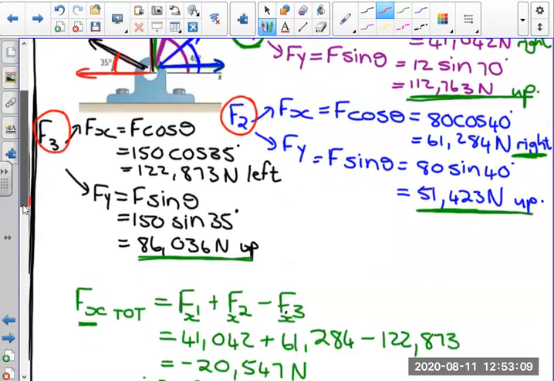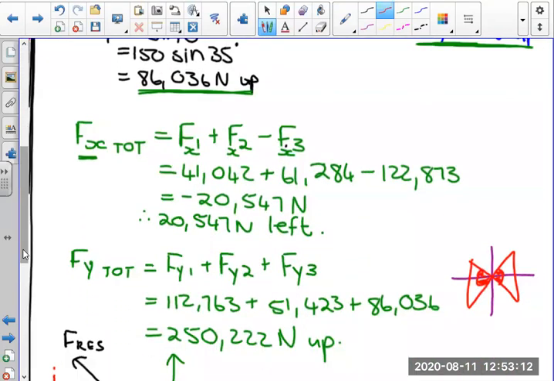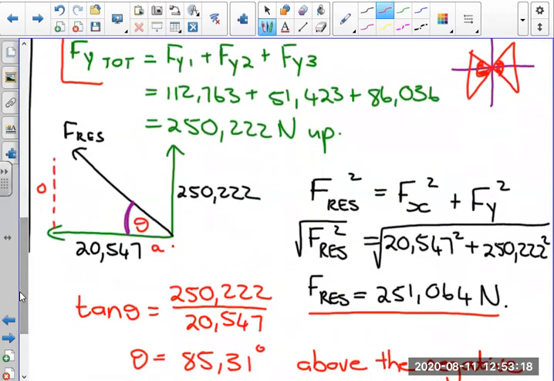Step 2 is to add all the x's and all the y's. Then step 3 is to draw the diagram to show in which direction each one is so that you can work out your net force.